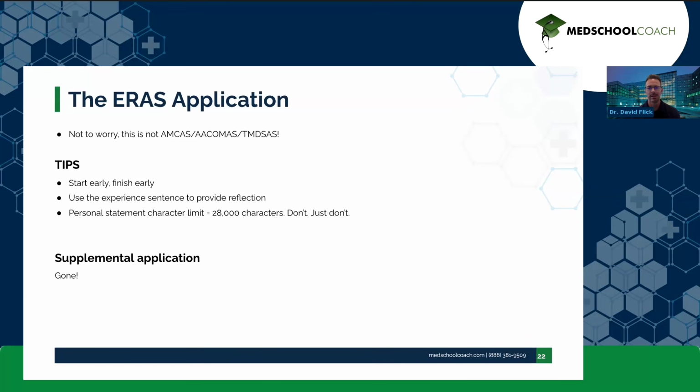So don't just bullet point and tell me what you did in any given activity. Tell me the activity, roughly, I usually say 3/4 description. So tell me what you did. 1/4 should be spent on reflection. Tell me why that's important to you. Tell me why that's important to me as the reader of your application. That's a great way to help set yourself apart.